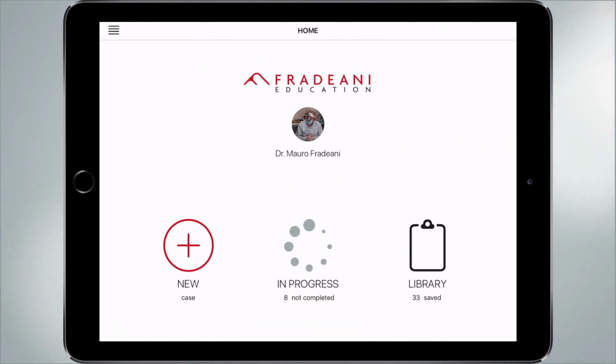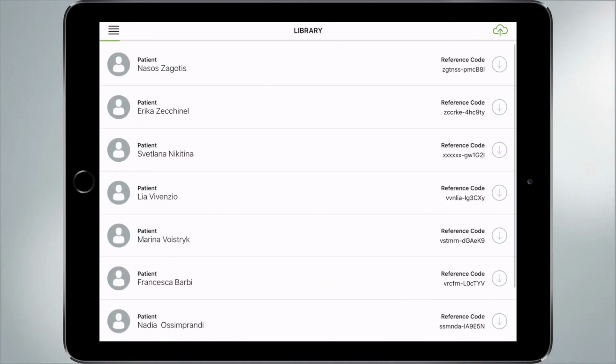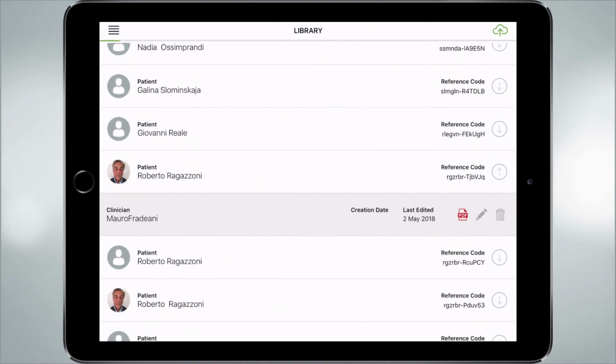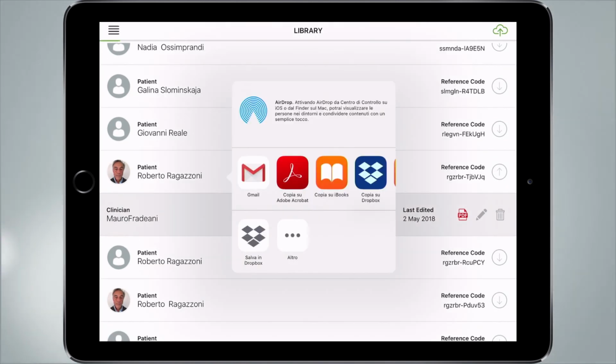Now we have finished the PDF, it is completely uploaded, and now we have the chance again to see the initial screenshot. And now we push library, and we check it, we see the patient again, we push PDF, and now Adobe Acrobat.